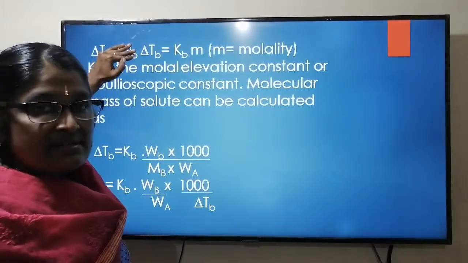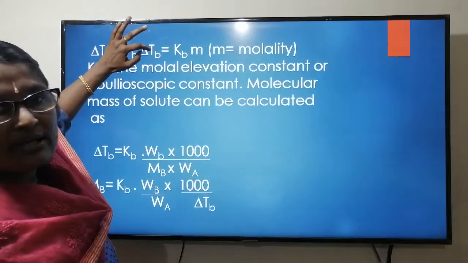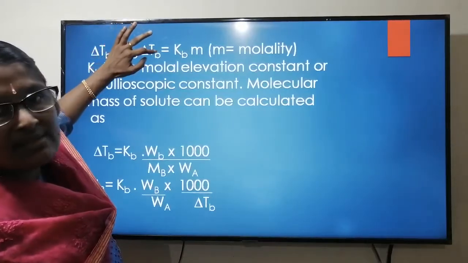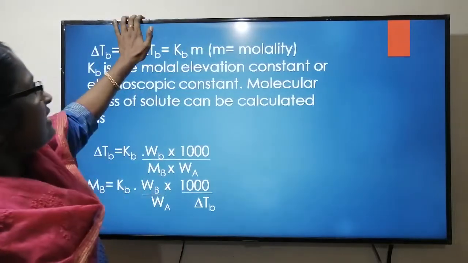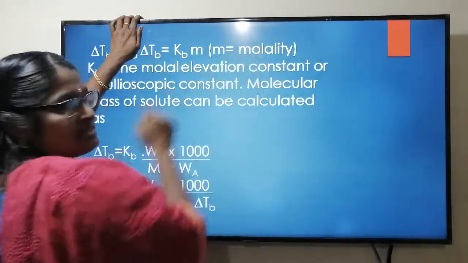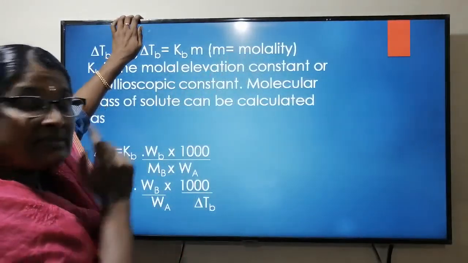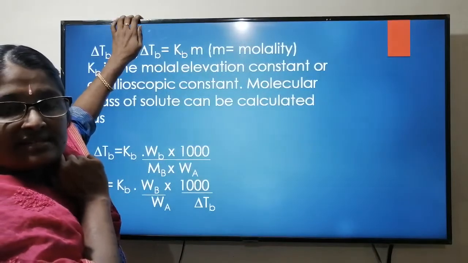It is experimentally proved that this increase in boiling point, delta TB, which is equal to TB minus TB0, is equal to Kb into m, where m is the concentration, in terms of molality. Molality we know, it's a way of expressing concentration.